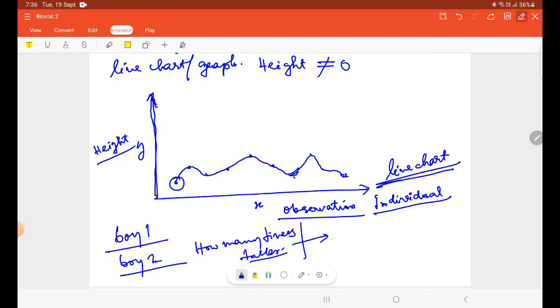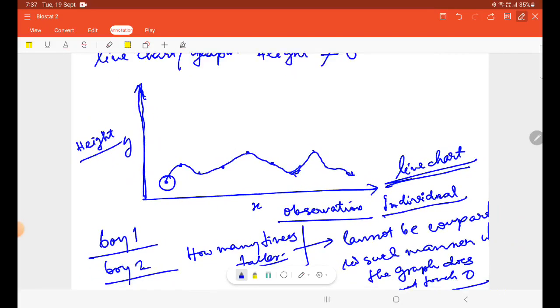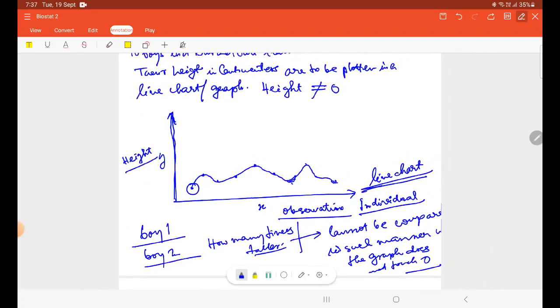This cannot be compared in such a manner when the chart, the graph, does not touch 0. So there is a limitation of the line chart.